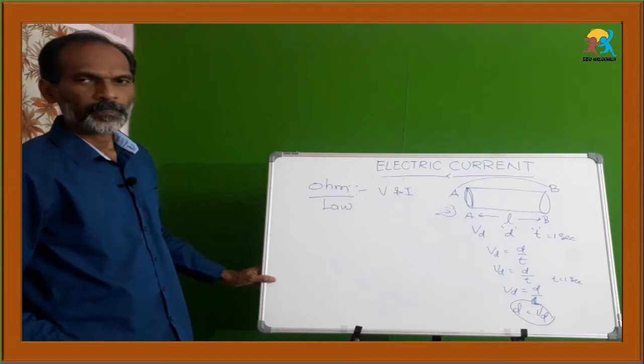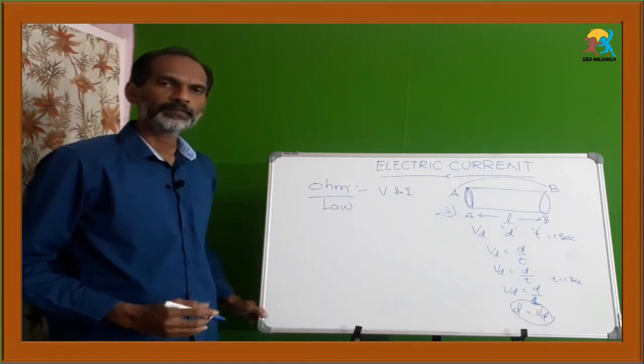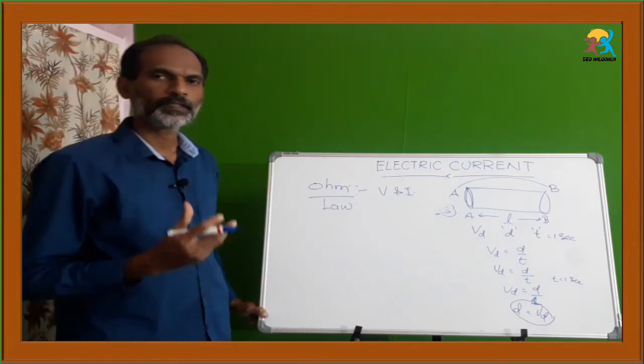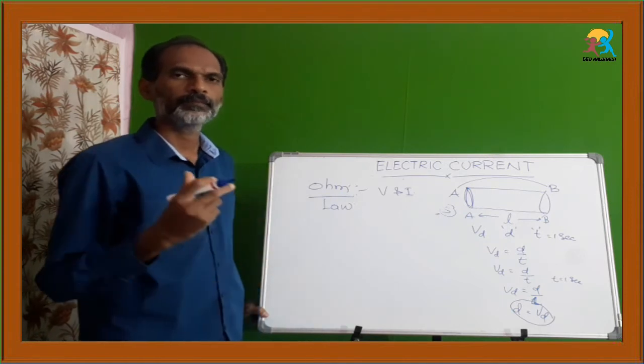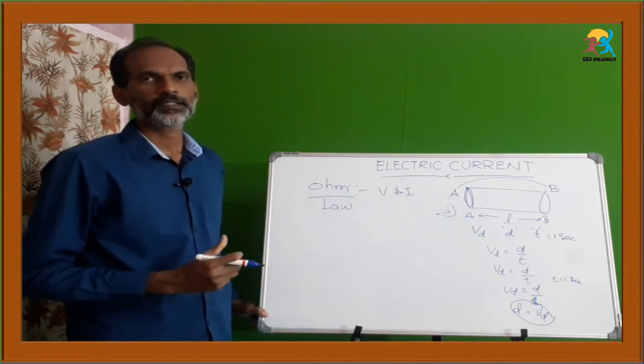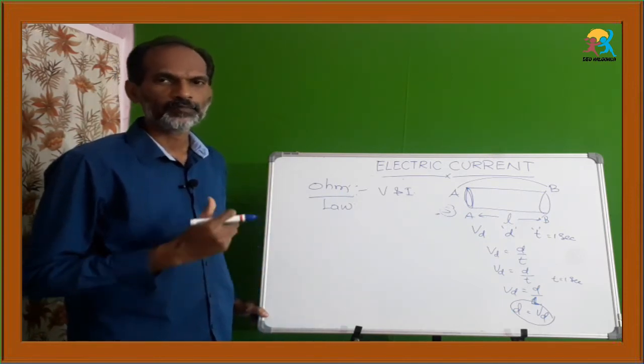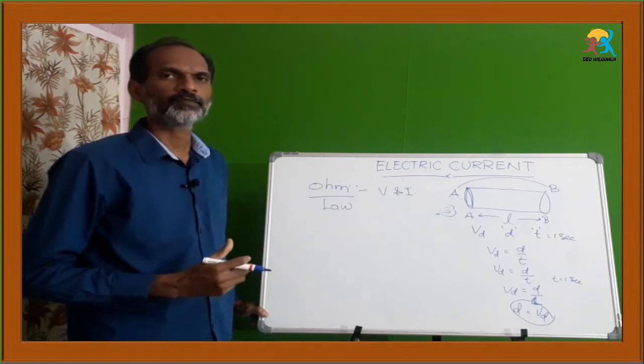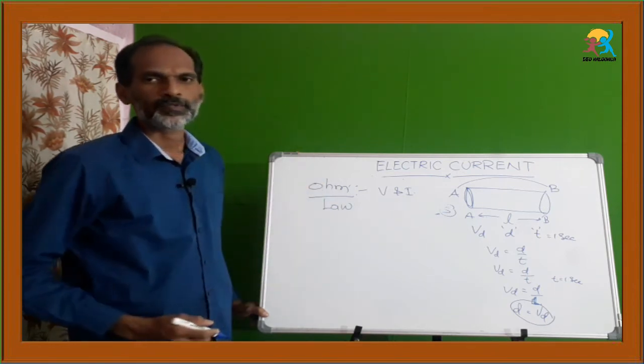To perform Ohm's law, we need some batteries, one iron spoke, one switch, an ammeter and a voltmeter. These are the equipment required to perform Ohm's law.